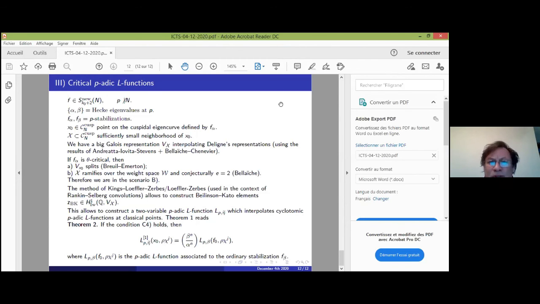Probably I just ask about the method. Yeah, we use almost all the main techniques of Belaïche and Chenevier, as well as results of Andreatta, Iovita, Stevens. So we need more tools. Because in some sense, Belaïche's approach is an approach by Betti cohomology.